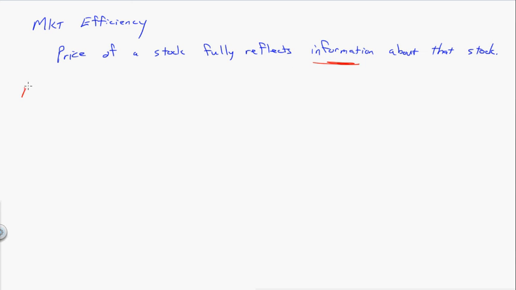We have three different forms of market efficiency. The first is weak form. Weak form market efficiency says stocks fully reflect all trading data. You hear the term technical analysis, or the technicals of a stock.